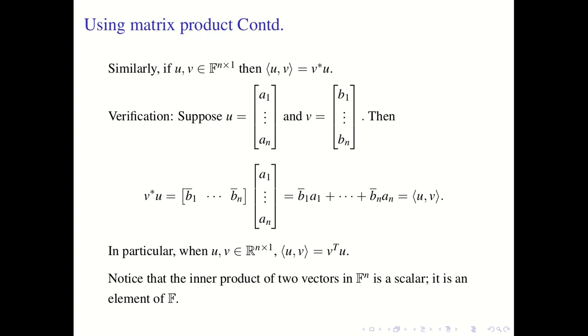Similarly, if u and v are matrices in Fn cross 1, then you define the inner product uv to be equal to v star u. In this also you can see the definition coincides with the usual inner product definition of vectors.